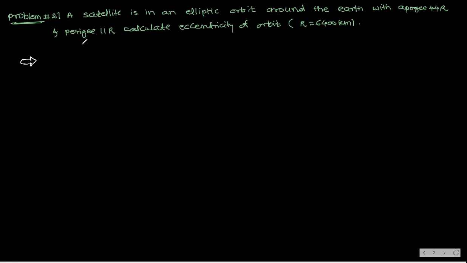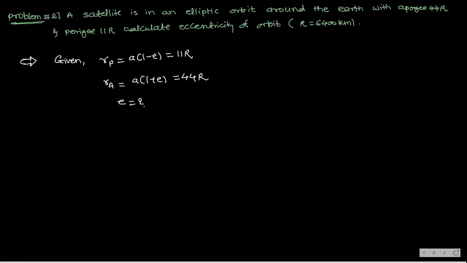Okay, then also I am just solving fast. See here, what is given? Tell me, RP how much? 11R. RA is how much? 44R. Now I am directly doing eccentricity.